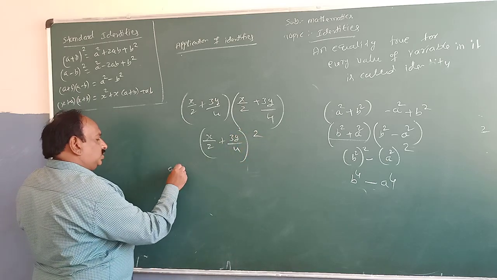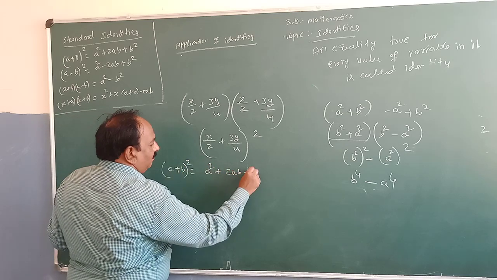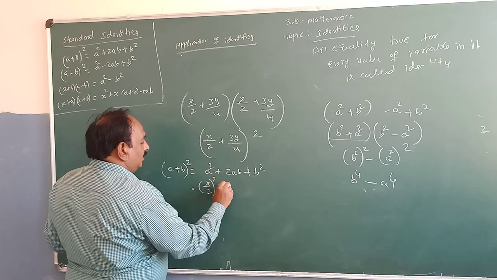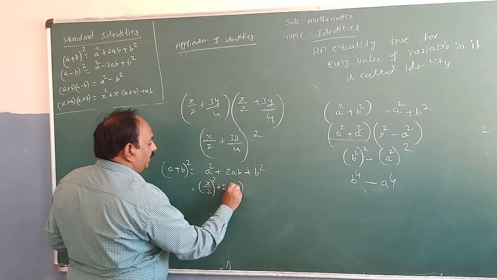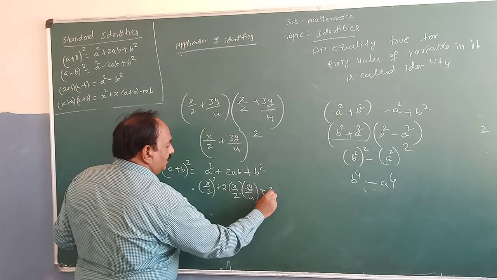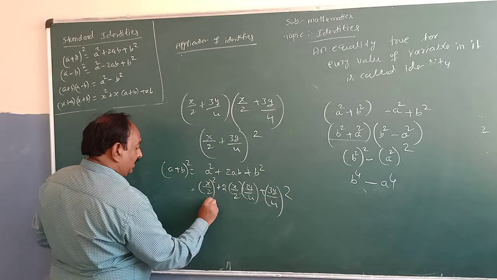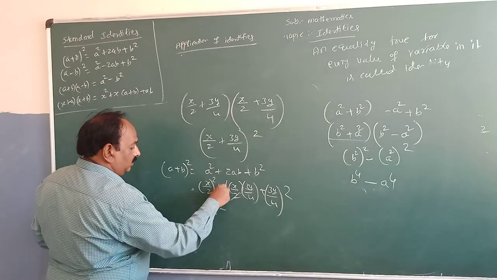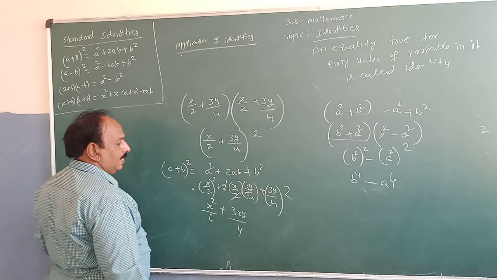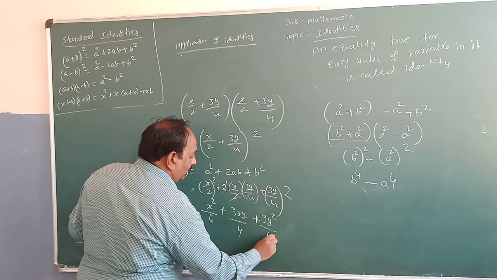This is the expansion of (a + b)², a² + 2ab + b². a is x/2, b is 3y/4. So (x/2)² + 2 into x/2 into 3y/4 + (3y/4)². x into x, x²; 2 2s are 4; 2 and 2 cancel, plus 3xy/4; plus 3 3s are 9, y into y, y²/4.